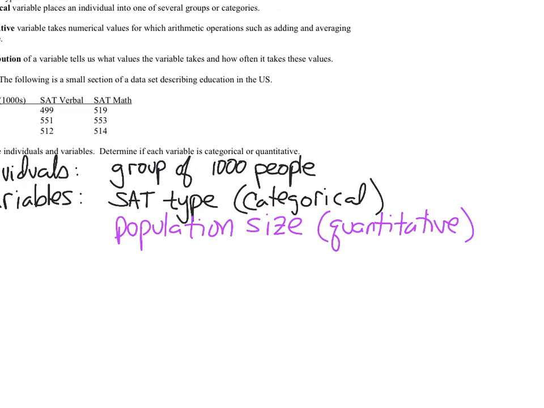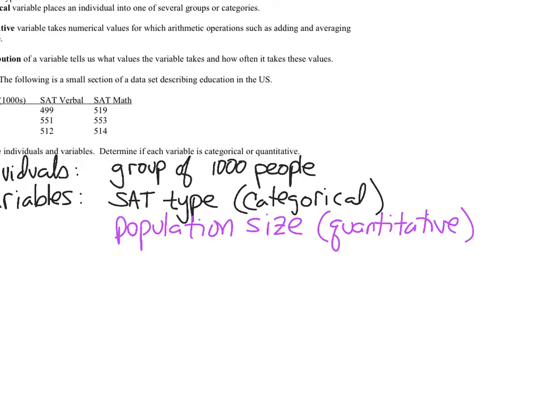All right, so population size, if I have 20 people in this class and somebody else has 10 people in their class, there's a size relationship that's quantifiable. I have twice as many as they do. But if I say somebody's taking the SAT verbal and they get a perfect score versus somebody who gets, let's say, a 700 on the SAT math, it's apples and oranges.